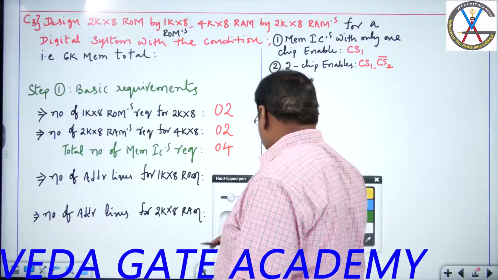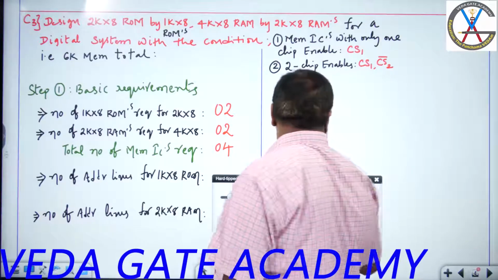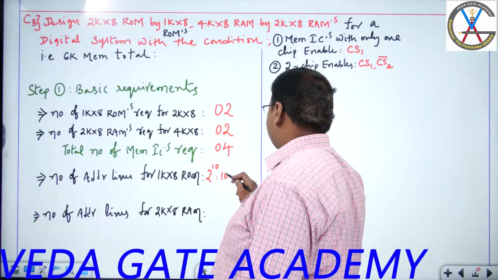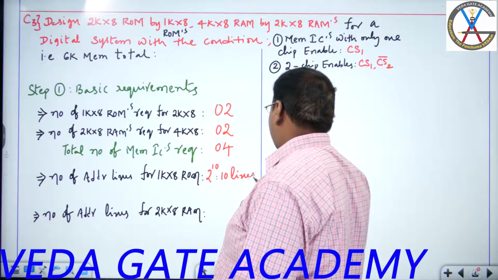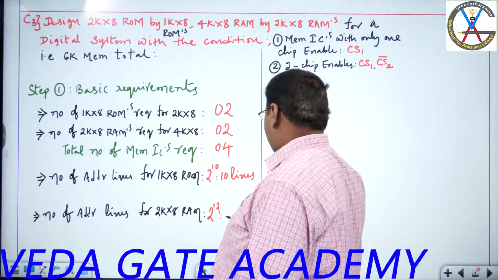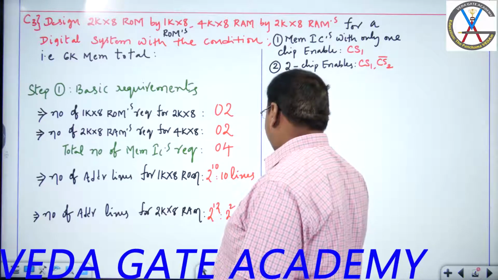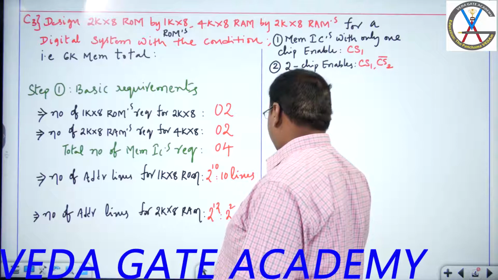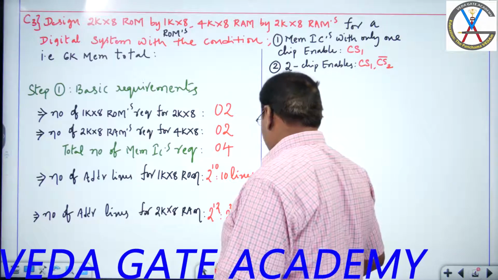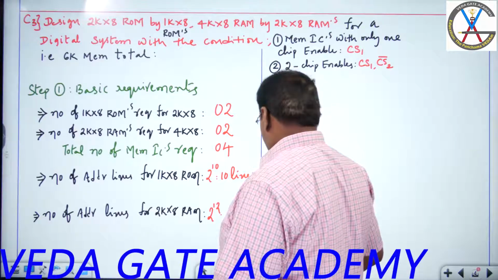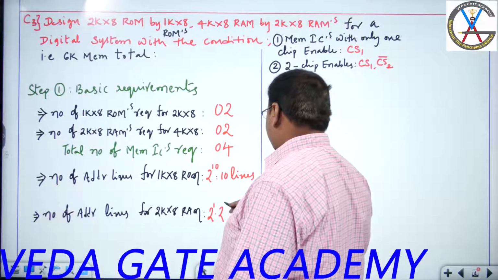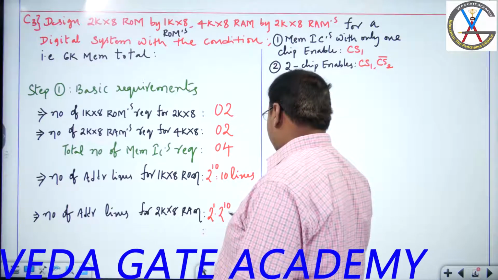So hence, the address lines are: 1K is 2 power 10, right? So 10 lines. 2K is 2 power 1 into 2 power 10, so 11 lines.